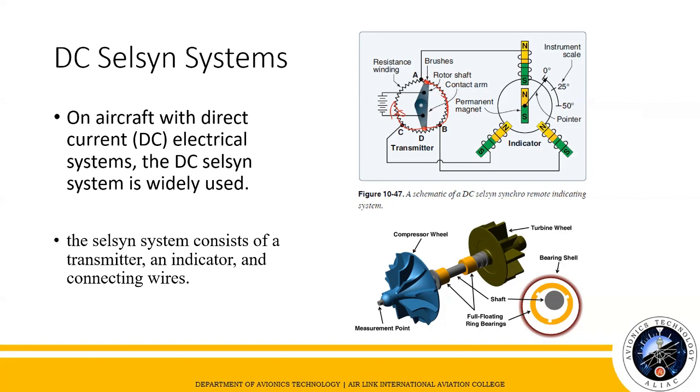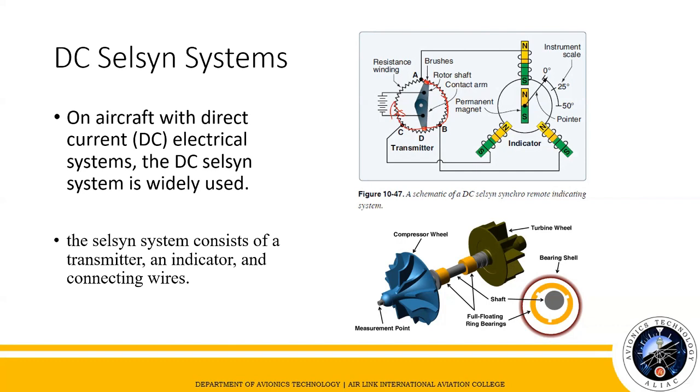So, on position indicating system, yung shaft to which the contact arm is fastened protrudes through the end of the transmitter housing and is attached to the unit whose position is transmitted, katulad ng flaps or landing gears. So, yung transmitter is often connected sa mga moving unit through a mechanical linkage. As the unit moves, it causes the transmitter shaft to turn.